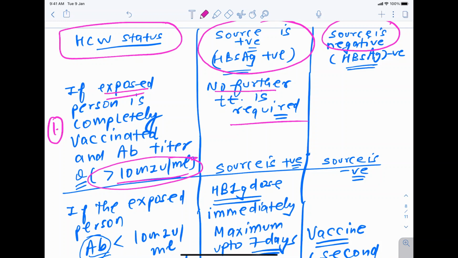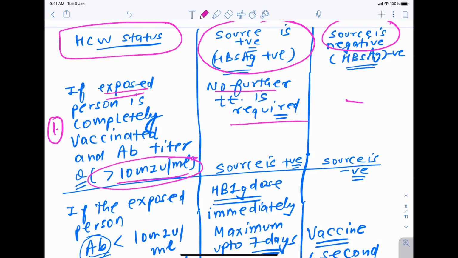And if the source is negative, on this particular side, there is no protocol, because the person already has more than 10 milli international units per ml and the source is negative, so what is the use of doing anything here?